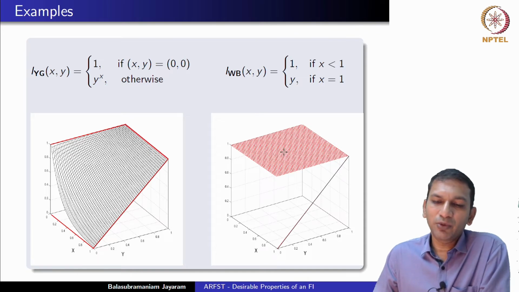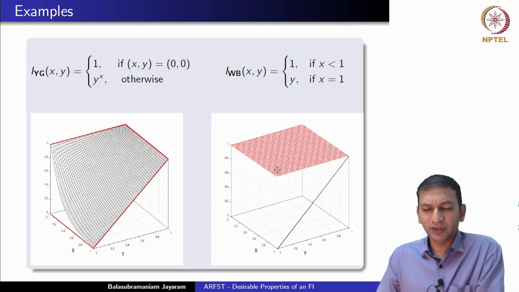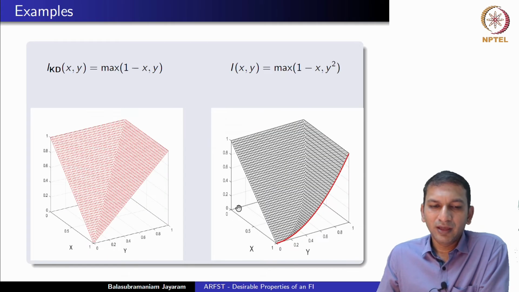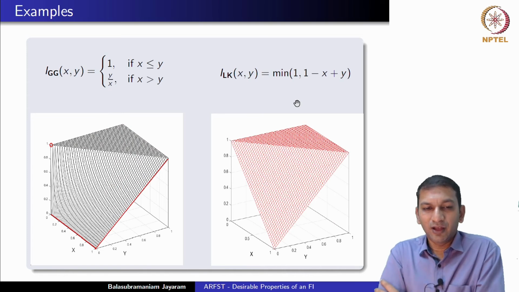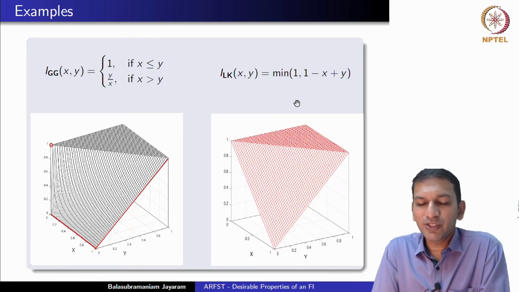It does not have the ordering property because outside of the diagonal, where x is greater than y, even there it takes the value 1. Kleene-Dienes does not have the ordering property, and so does this particular implication. Goguen implication has the ordering property, and so does the Łukasiewicz implication.